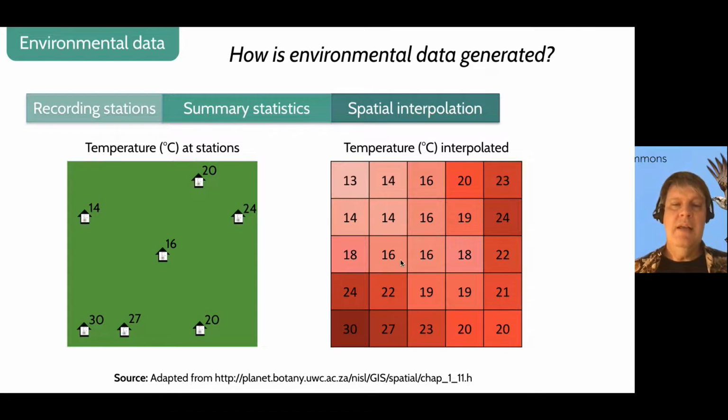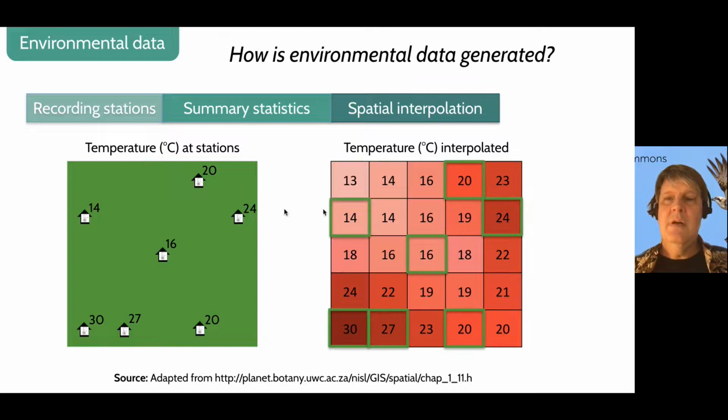You're just going to take an estimate, based on the values you do know, of the values that you don't know. And spatial interpolation, especially with these kinds of things, is a science unto itself. So keep in mind how your environmental data was generated, how it was interpolated, and how you should be using it when you're doing these kinds of models.